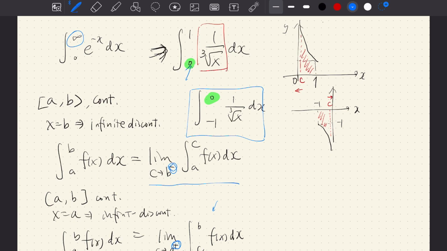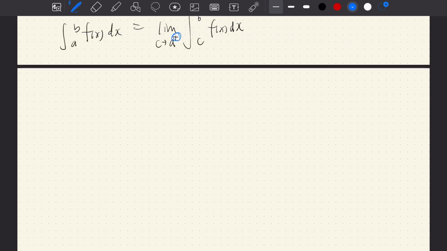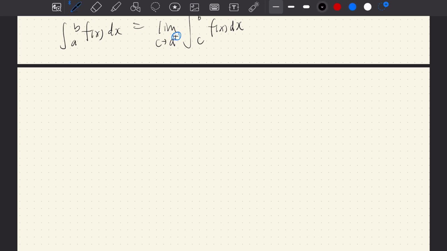But there is another case where you can get erroneous answers if you omit the improper integral caused by infinite discontinuities. This is the case when the infinite discontinuity actually occurs within the range of integration. For example, if you try to evaluate something like this.